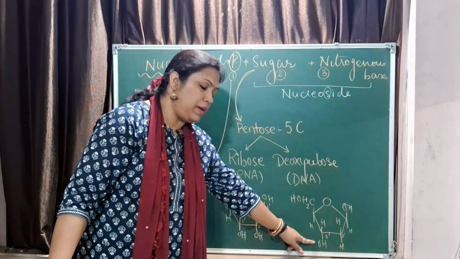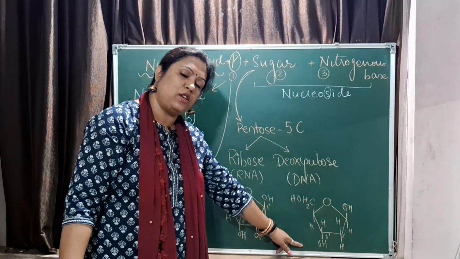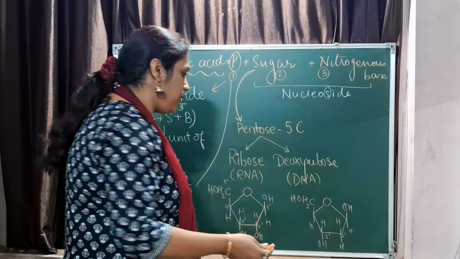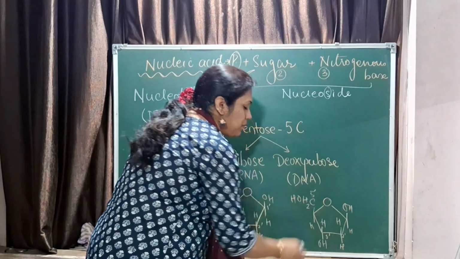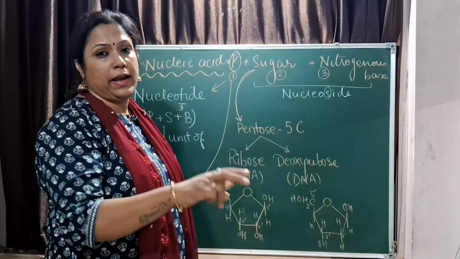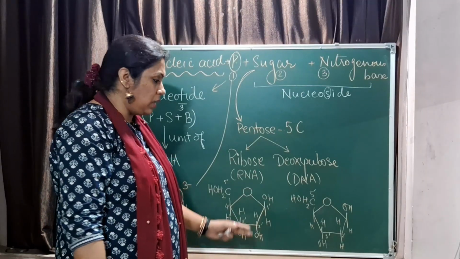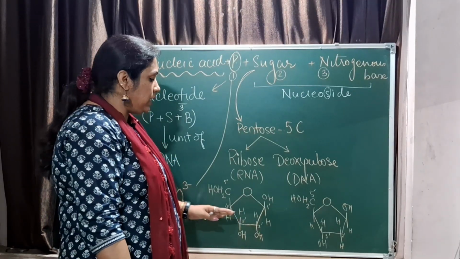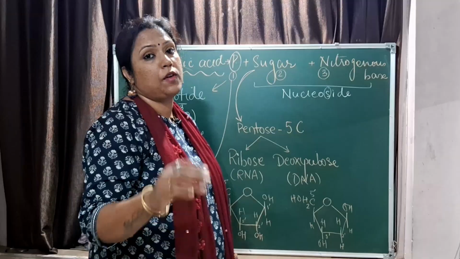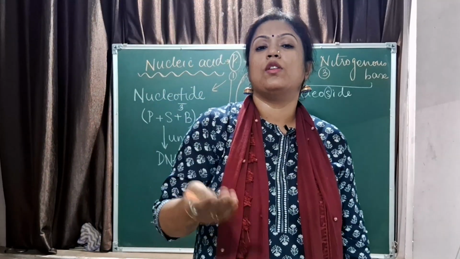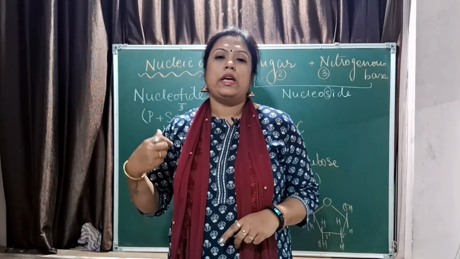This 3' acts as a site of attachment of the next nucleotide, and this 5' carbon is the head of the DNA. Is that clear? Any doubt? The structure is clear. The detailed structure is not there, but for understanding how the DNA molecules are being formed, it is needed.